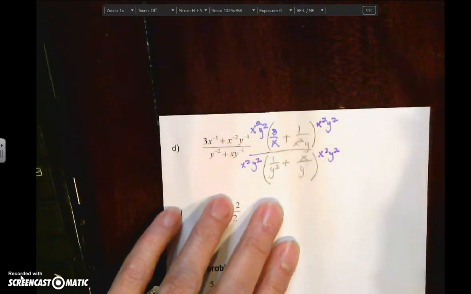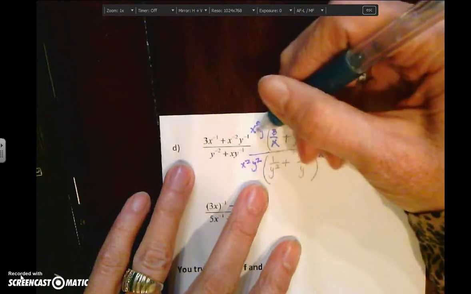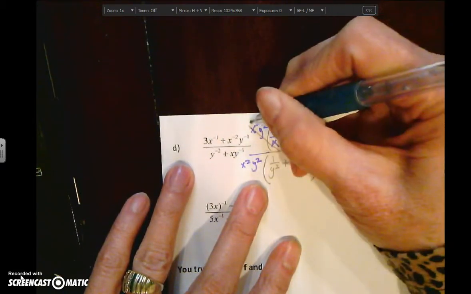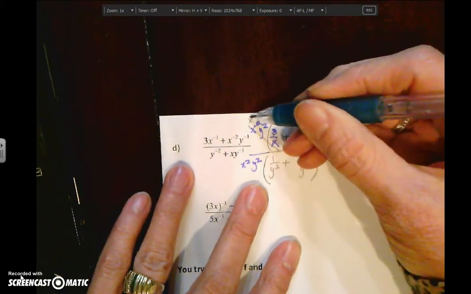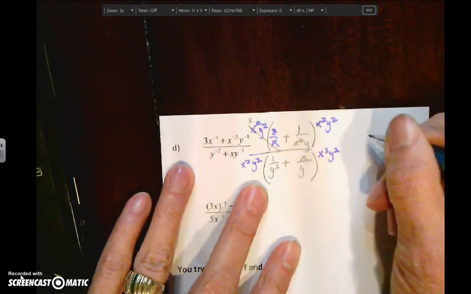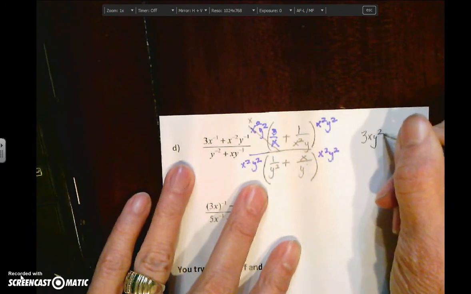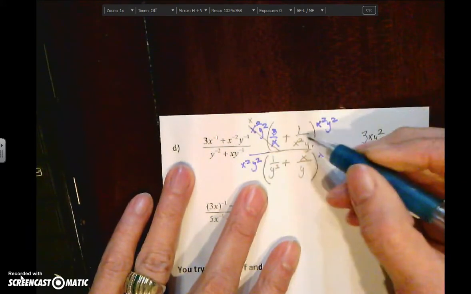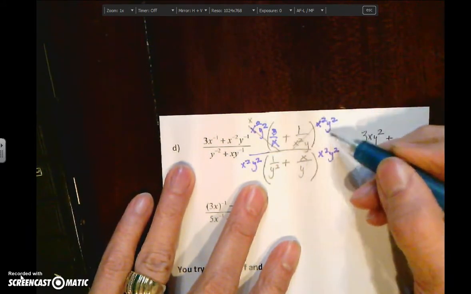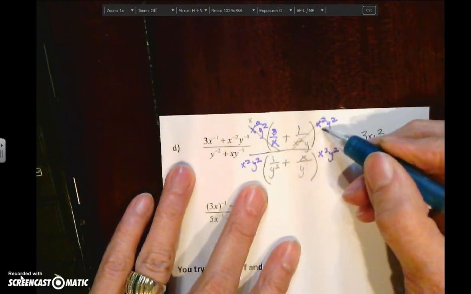And then I'm going to multiply. So here my x's are going to cancel, and I'm going to be left with 1x. So that's an x, y squared, and a 3. So that's going to be 3x y squared, plus, on the second fraction, the x squareds cancel, and one of the y's cancel.